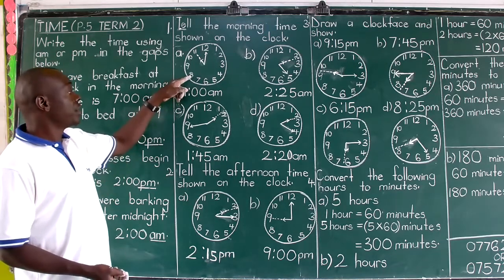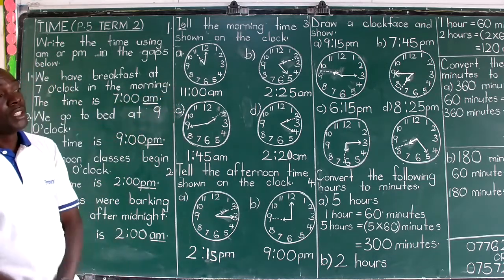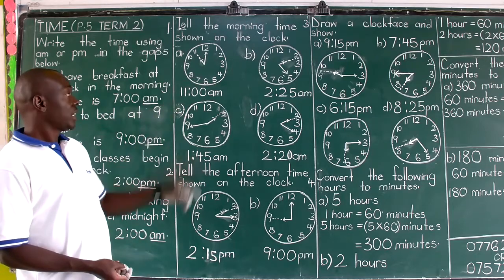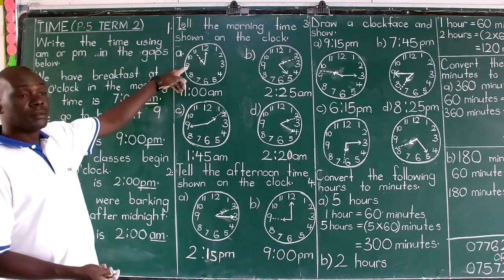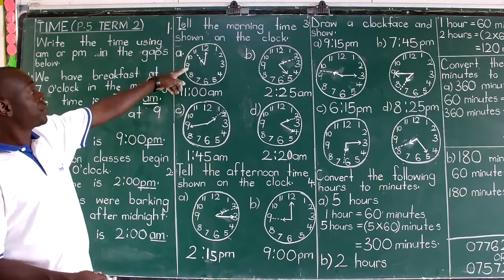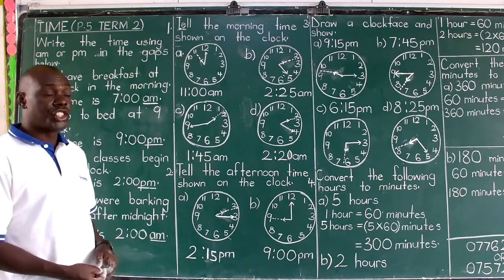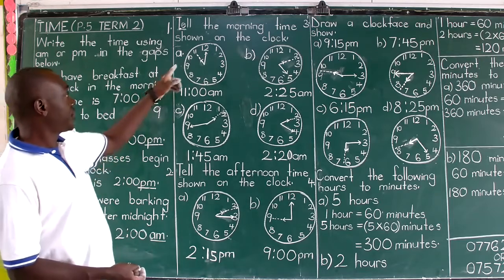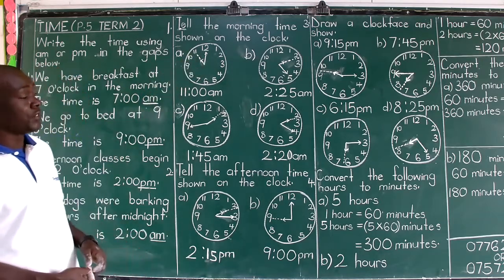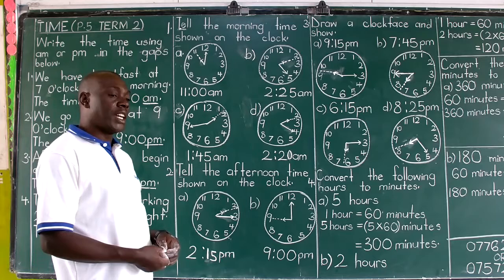If the longer hand points at 8, 8 times 5, you just know that is 40. Then 9 times 5 is 45. 10 times 5, that's 50. Then 11 times 5, you will get 55.